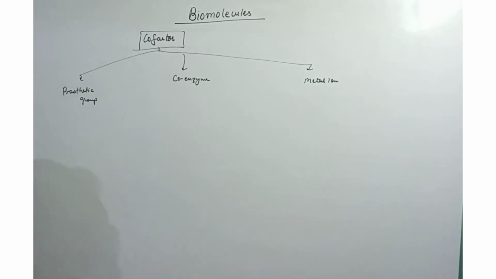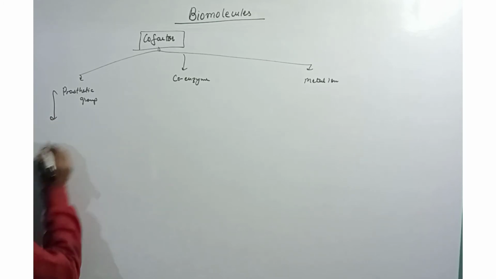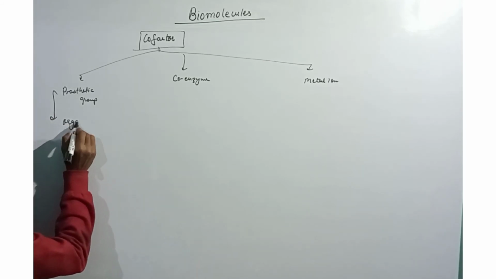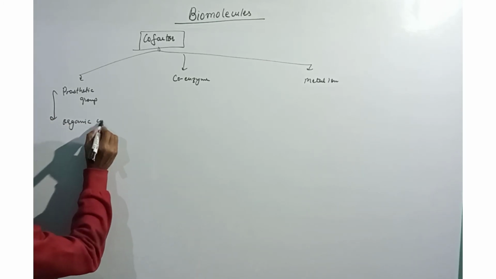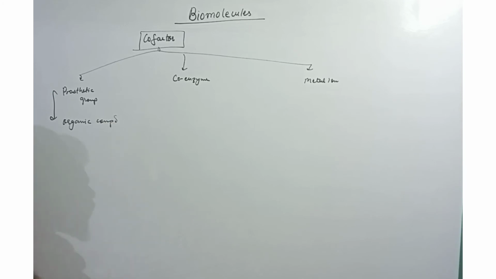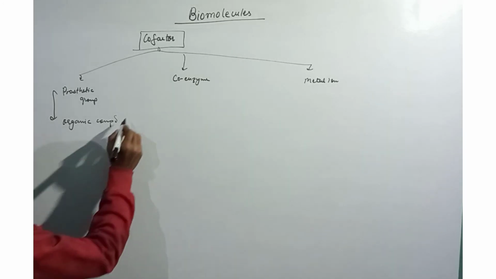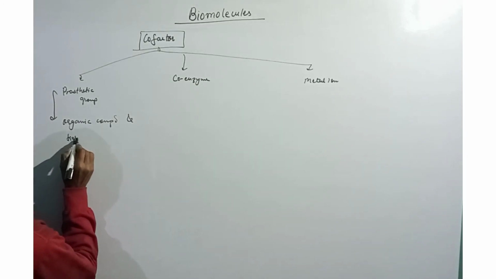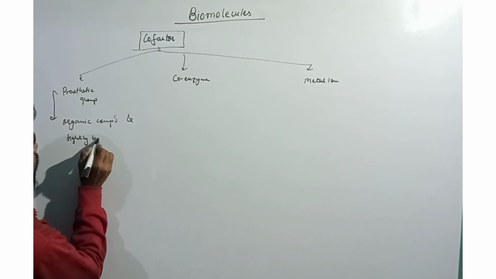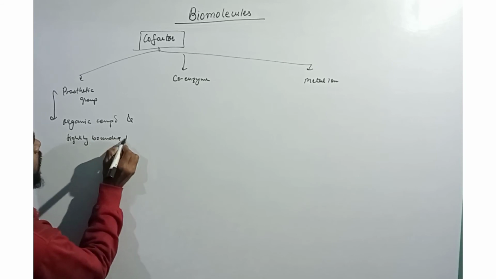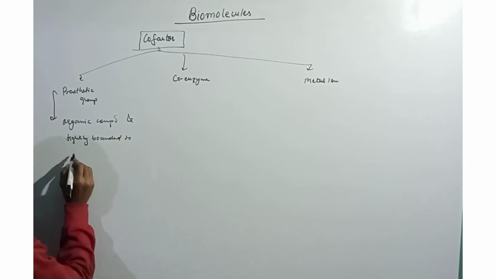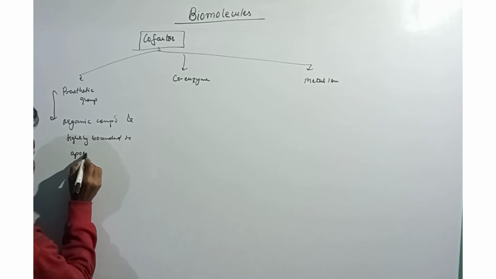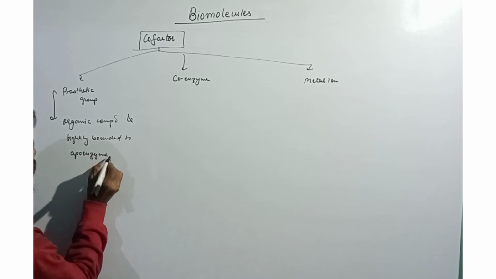When you're talking about the prosthetic group, it is made up of an organic compound. Please do remember, it is made up of an organic compound and tightly bonded to the apoenzyme.